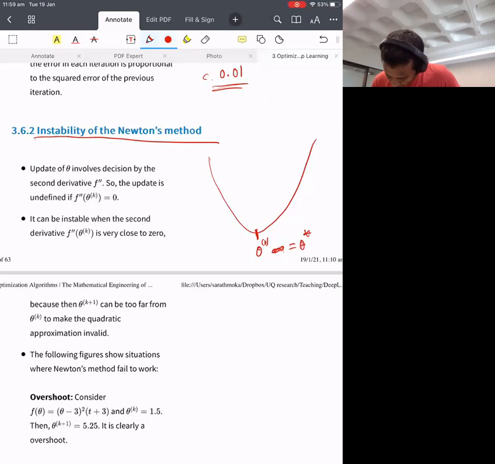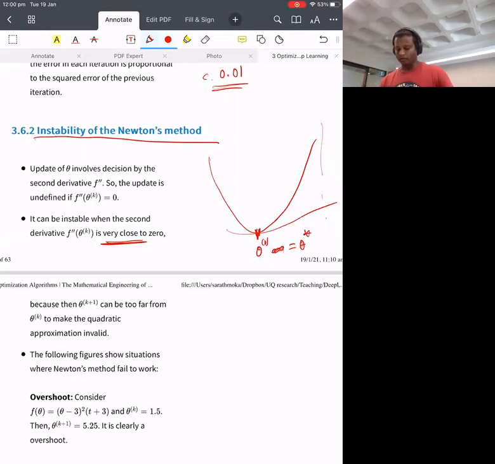But if you happen to be very close to theta star, where the derivative is not zero and the second derivative is not zero but very close to zero, then you will be thrown far away from the supposed optimal point, because the approximation can be very far, and because the second derivative comes in the denominator, you'll be thrown away.